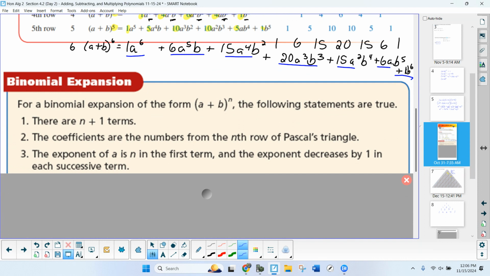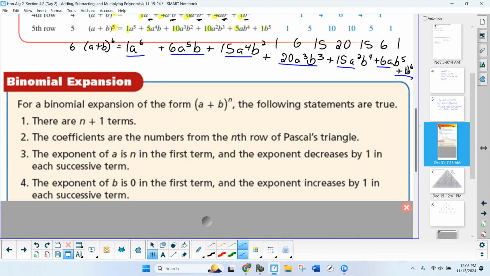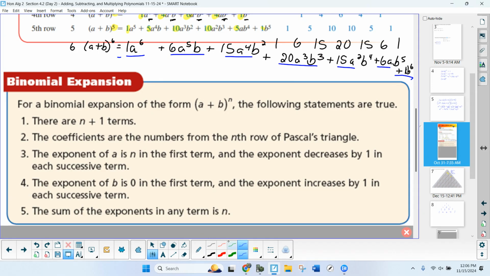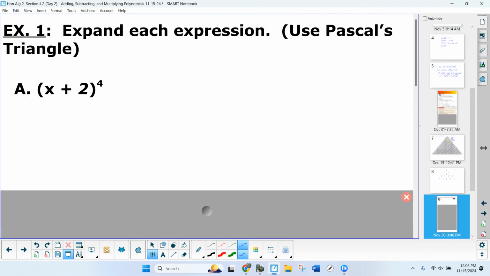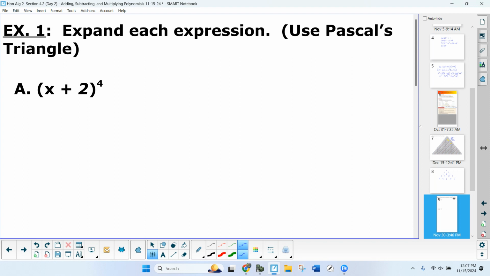So a to the 6th, and then goes down. a to the 5th, a to the 4th, a to the 3rd, a to the 2nd, a, no a. The b's start at 0 and go up. Okay? If you add your exponents at any term, they will always equal 6. 6, 6, 6, 6, 6, 6, 6. Okay? Thoughts so far?